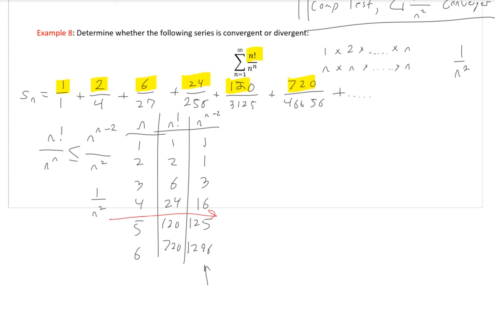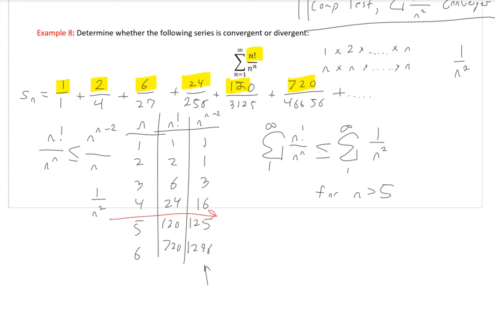So then what we can say is that this summation from 1 to infinity of n factorial over n to the n is going to be less than, strictly less than, the summation of 1 over n squared, specifically for n being greater than or equal to 5. If n is greater than or equal to 5, then we show that this is true.